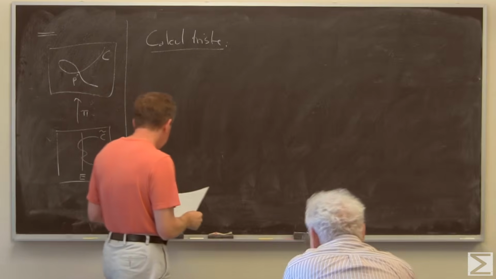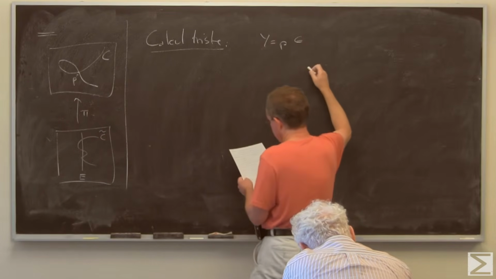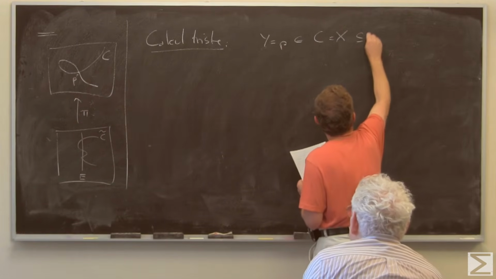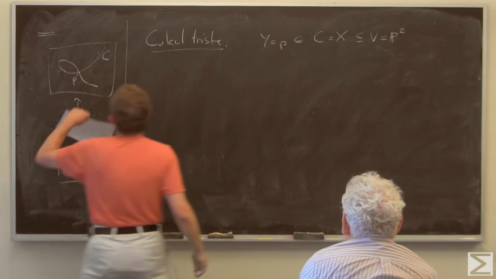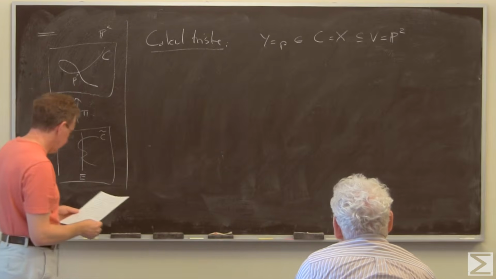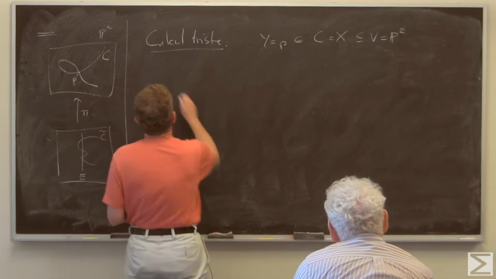What if I do this with Y equals a point, as an element of C, which is my X, a curve inside P2. So I'm kind of looking at this over here, right? This was P2. That's why I left this picture. I wanted to have something like this on the board. Then what is the Segre class of Y in V?